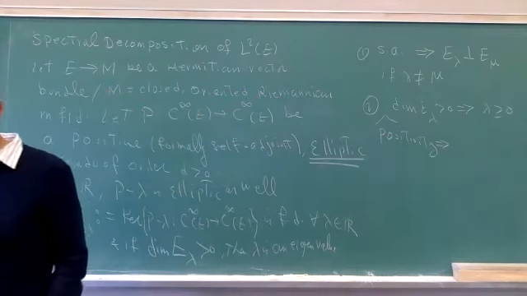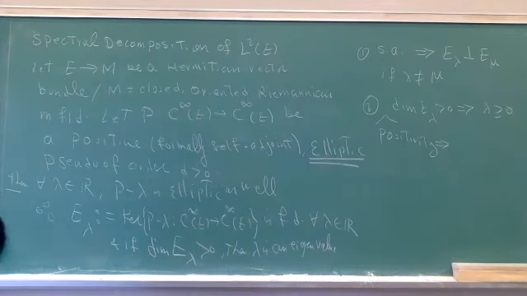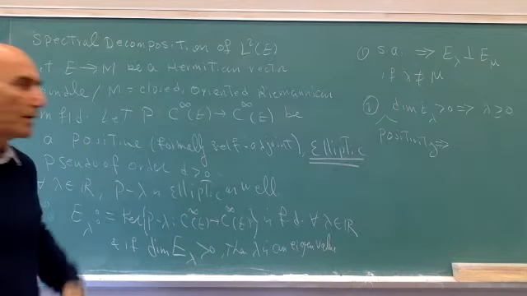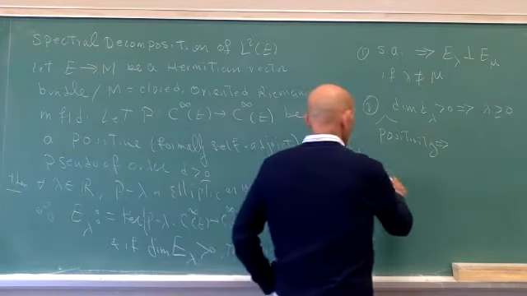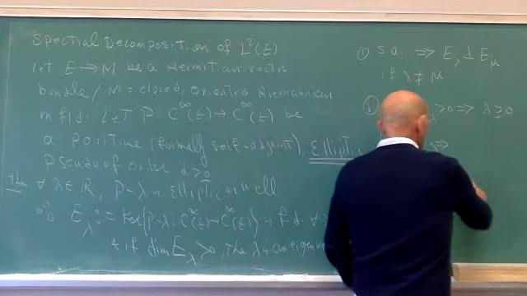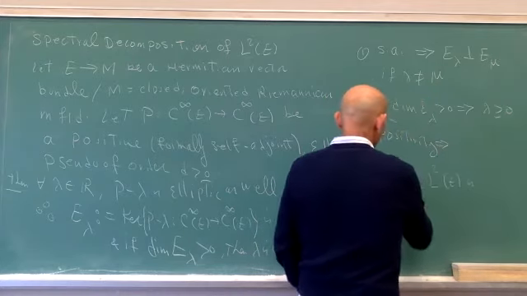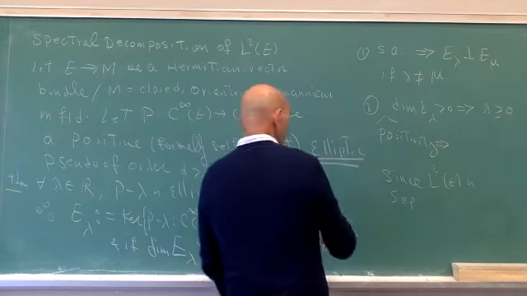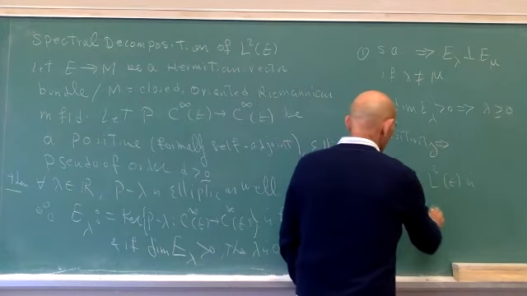Okay. So now what do we have? We have this Hilbert space, which we know is a separable Hilbert space, L2 of E. L2 of E is separable. We are in the separable case.